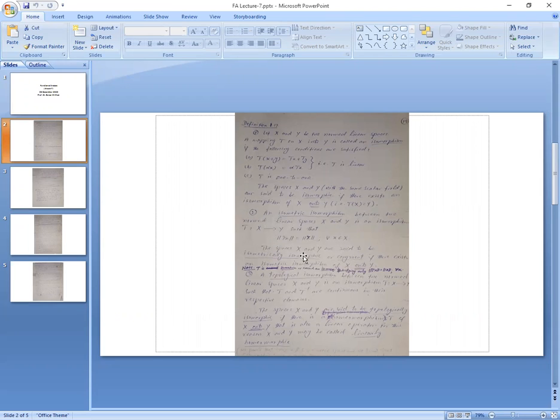And as before, the spaces X and Y are said to be isometrically isomorphic if there exists an isometric isomorphism from the normed space X onto, please note this onto condition, from X onto Y.